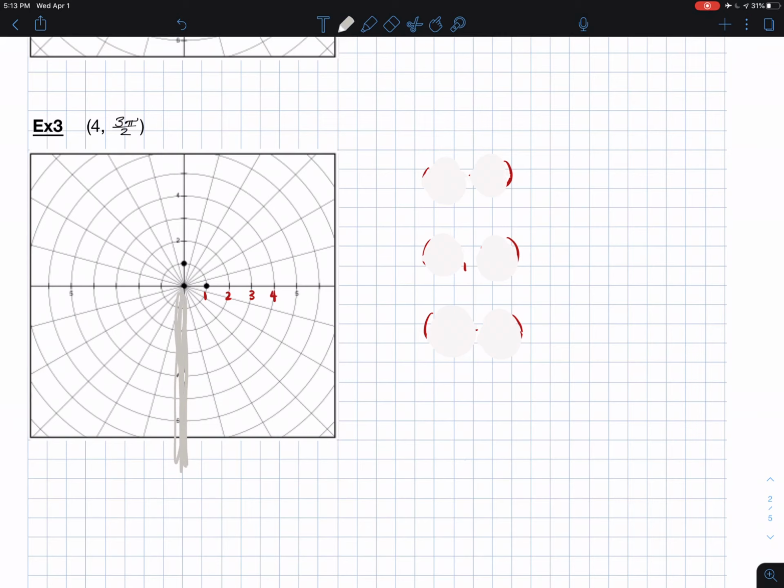Now, the given just tells me to plot the point. So I'm going to follow my ring 4 all the way to 3 pi over 2, and then I will draw a coordinate at the place where those 2 meet each other. So there's my point. I've plotted my point. Okay? Now, we just said that we could get there by using my positive angle.